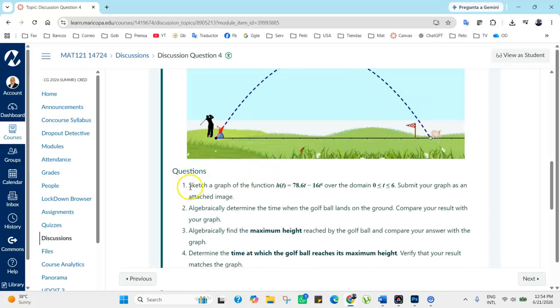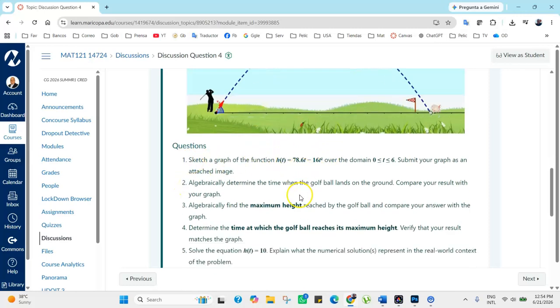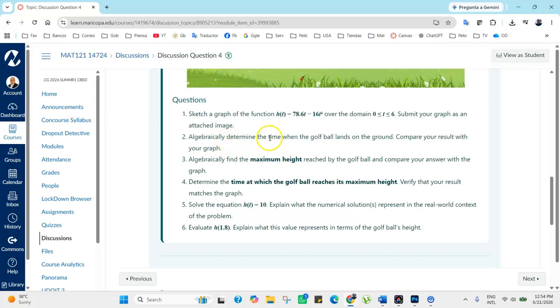For example, in a graph, algebraically determine the time when the golf ball lands on the ground. So algebraically means when h is going to be 0, so you will have to use the quadratic formula here. Algebraically, you find the maximum height. That means you have to find the vertex.